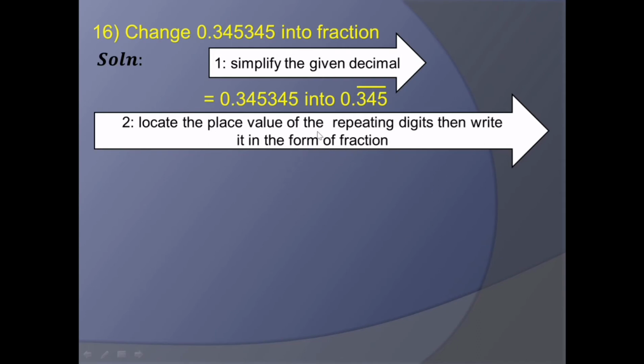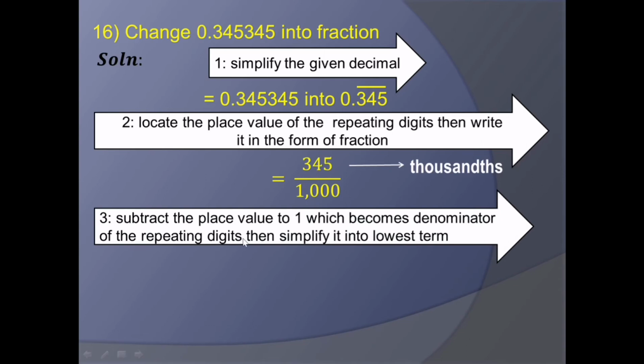This is still method 1 since there is no non-repeating number or whole number here. So we're going to put 345 over 1000 because the place value of the last digit of the repeating number is thousands. Tens, hundreds, thousands. So retain 345 as the third step says: subtract 1 from the place value, which becomes the denominator of the repeating digits, then simplify to lowest term.